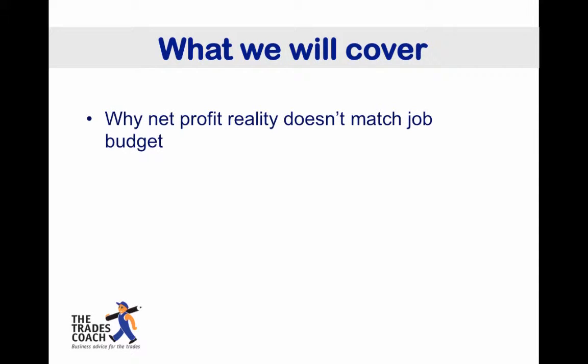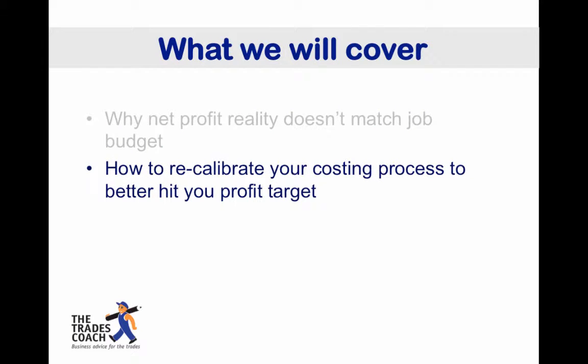So what are we going to cover today? First, we're going to look at why sometimes the profit reality, the result you're getting out of your jobs or reading in your financial reports, just doesn't seem to line up with where you think it should, based on how you've been costing your jobs and the results you've been expecting.